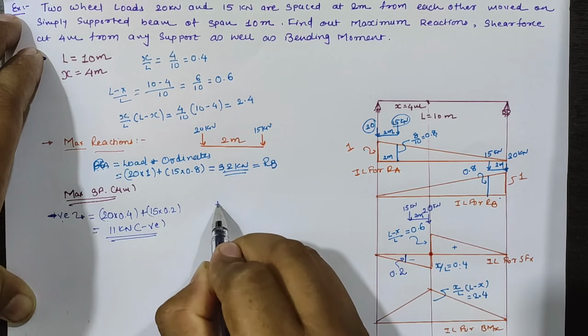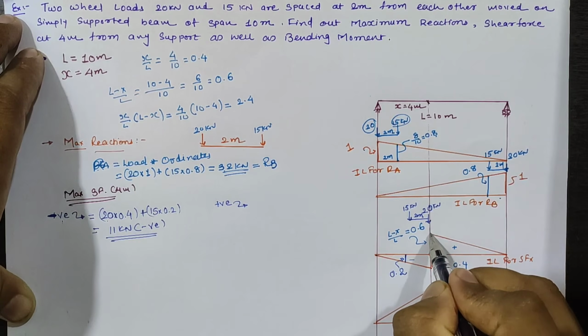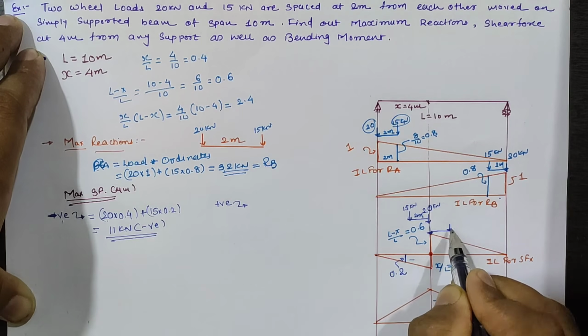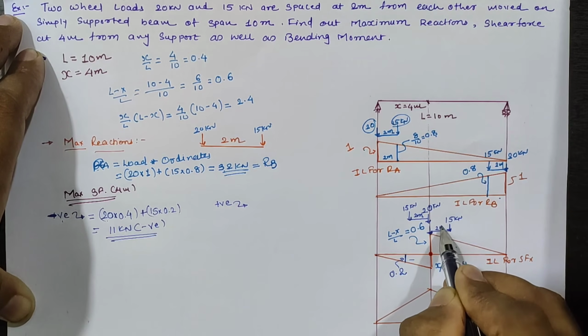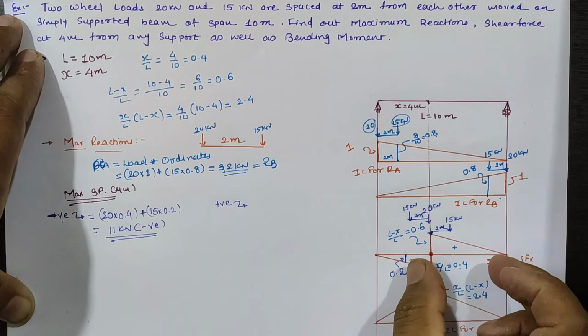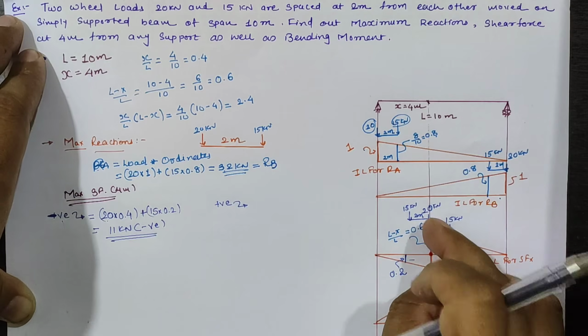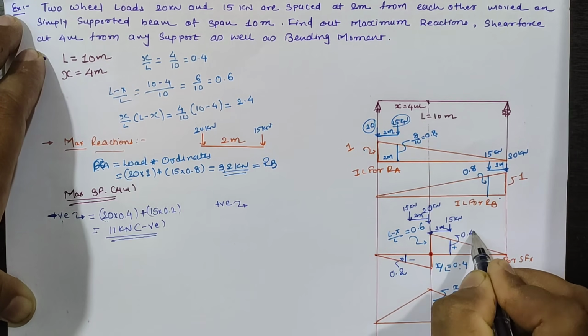Similarly, for the maximum positive shear force, we have to put the 20 kilonewton over the section C and the 15 kilonewton over the positive span at a distance of 2 meter. Now, from the similar triangle rule, at 6 meter the value is 0.6, hence at 4 meter the ordinate value is 0.4.